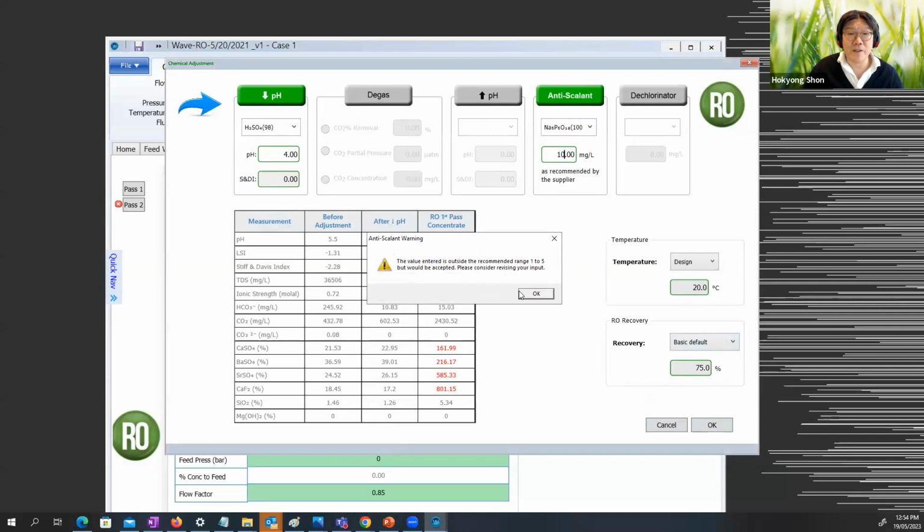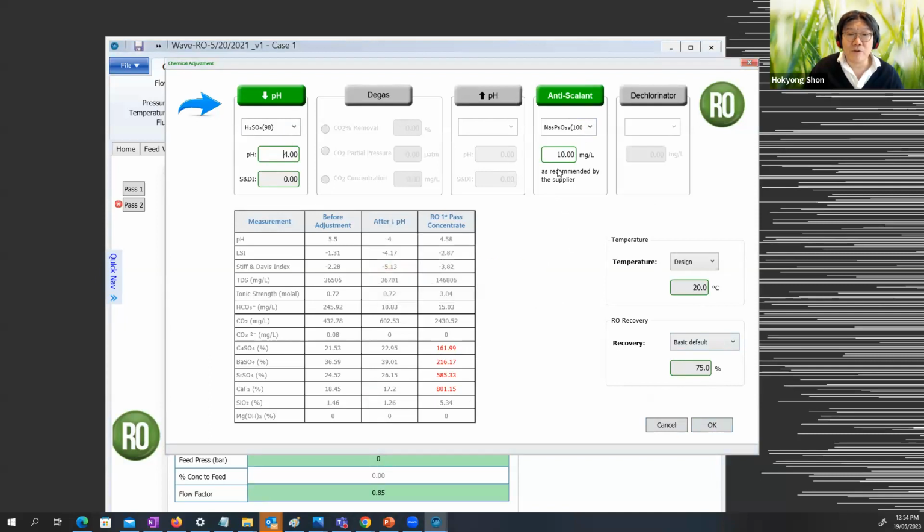So you may reduce the value outside the range. The range is 1 to 5, so let's put the maximum, 5 milligram per liter. That's how you can see the LSI value and calcium phosphate after the first concentrate, so that you will have a better adjustment of your pH.